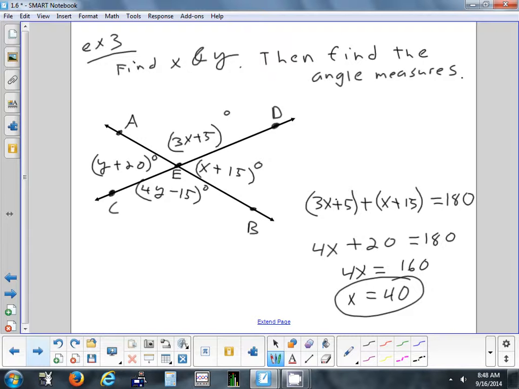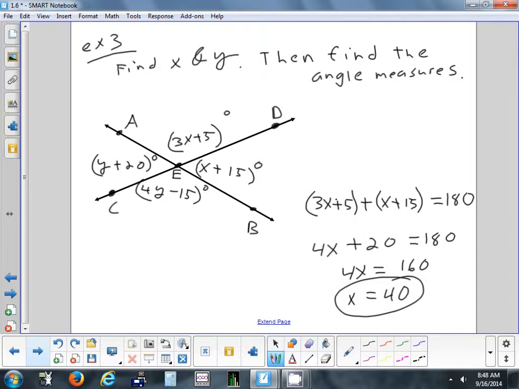Now that you know x, if you found x correctly, how could we use x to find y? Plug in. Okay, so plug in 40 for x, so it'd be 40 plus 15, which is 55 degrees. So now we know DEB is 55.